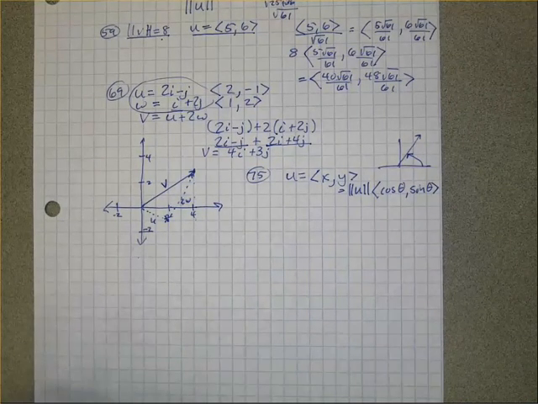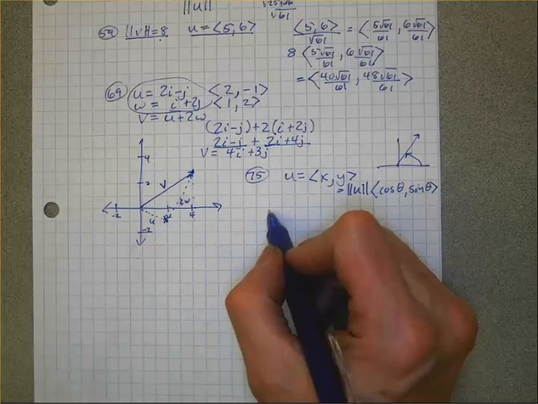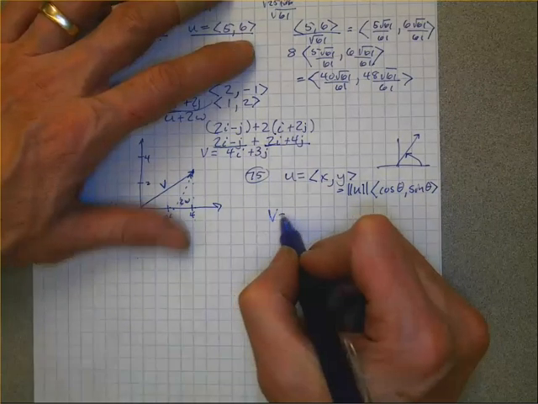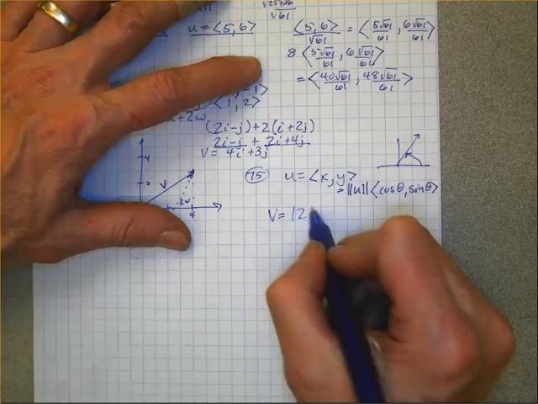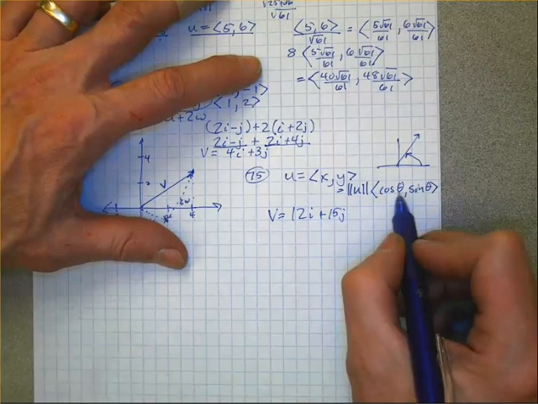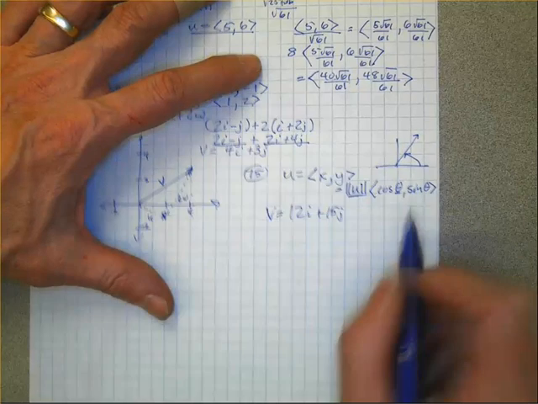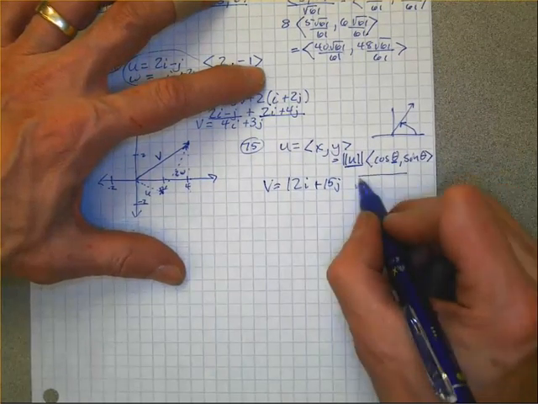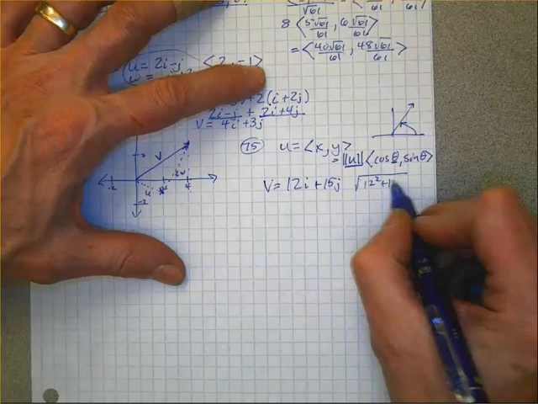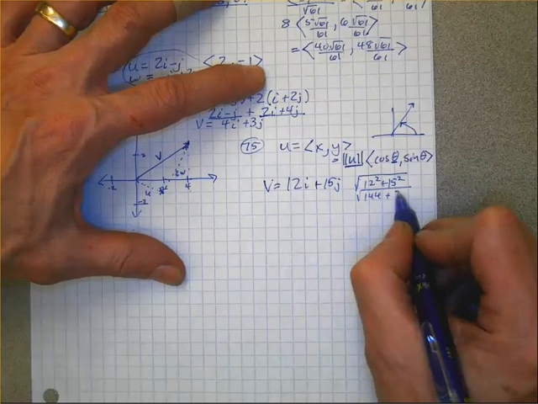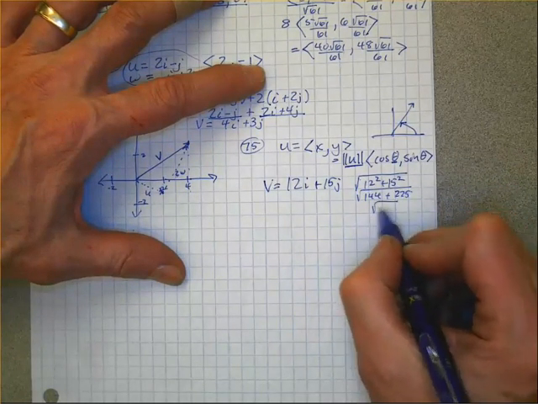So in 75's case, they tell you that v is a vector defined in i and j form as 12i plus 15j. So I need to know what the angle is, and I need to know what the magnitude is. Magnitude's easy, it's the Pythagorean theorem, so it's the square root of 12 squared plus 15 squared, which is the square root of 144 plus 225, which is the square root of 369.